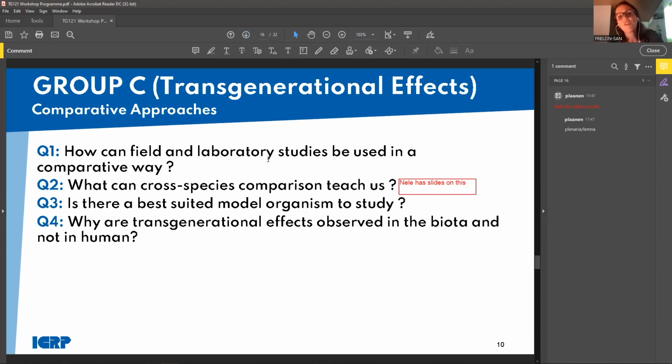But I think it's the difficulty for cross-species comparison, because in the environment, the strategies of reproduction are so different that it's difficult to compare fully. But we saw with the AOP group also that the different steps leading to the adverse outcome are not the same fully, but the steps are very similar.